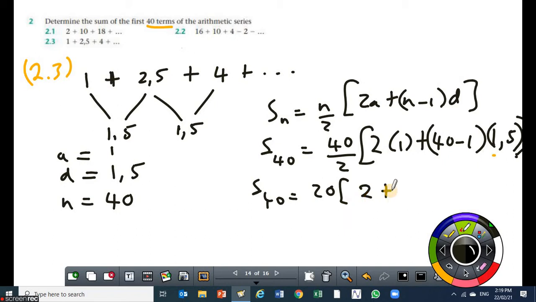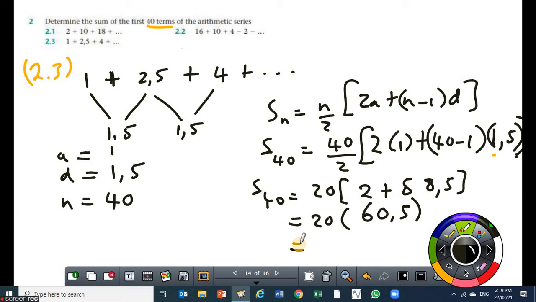times 1,5. What's 39 times 1,5? It is 58.5. Then you simplify this, you get 20 times 60,5.